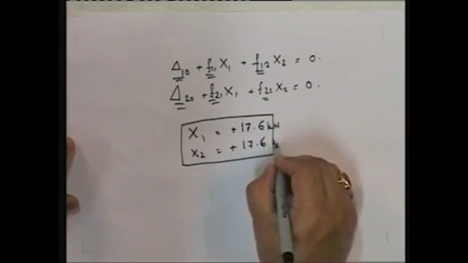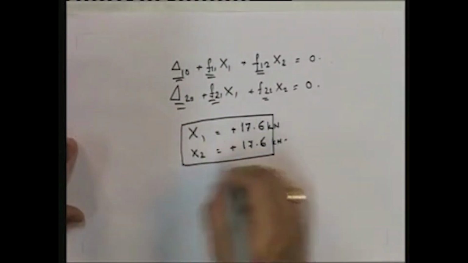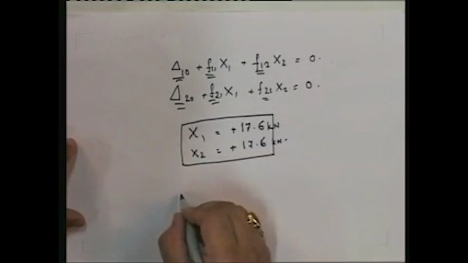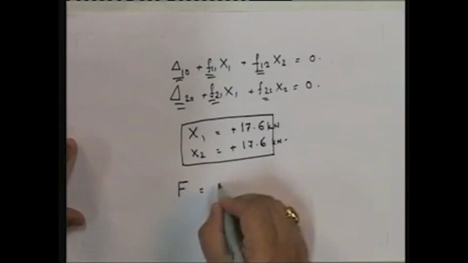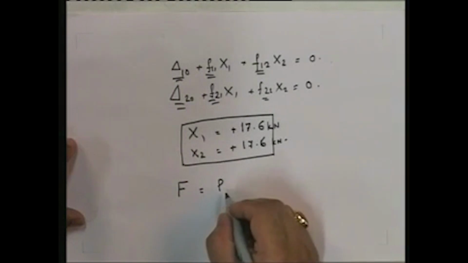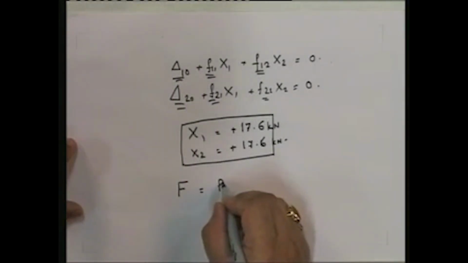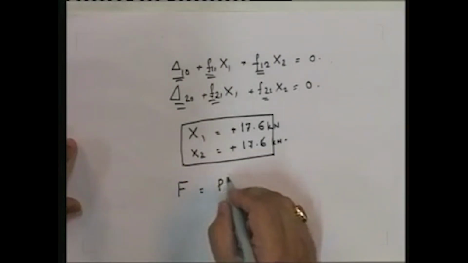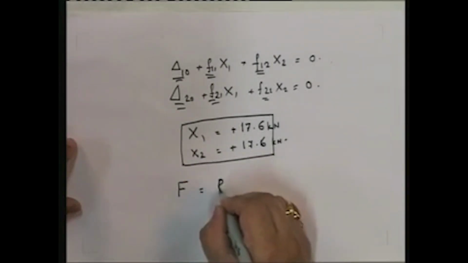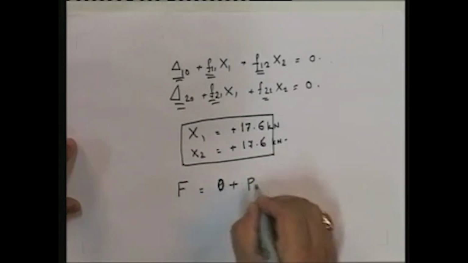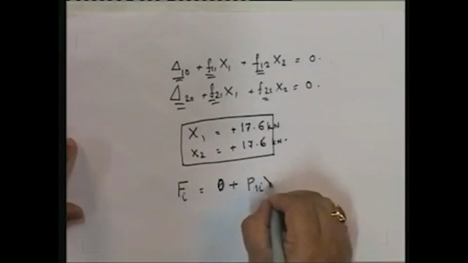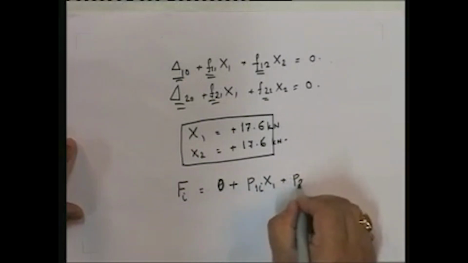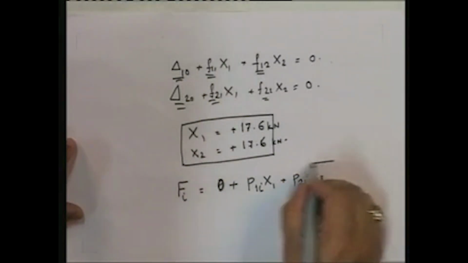17.6 kilonewtons. And once you know this, the force in the member is going to be equal to P. Now in this case, what is P? P is the load due to the temperature alone. So temperature alone, this is 0. So you're going to have P1I, that is the force in the member, into x1 plus P2I into x2.